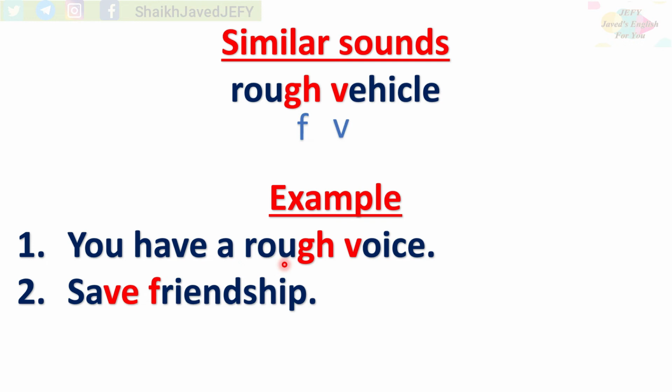You saw that? How I linked both of these sounds into each other. Rough voice. Okay, I did not have a pause in between of them. Now listen. Save friendship. Okay, save friendship. So this v and this f, I kind of just mixed them.